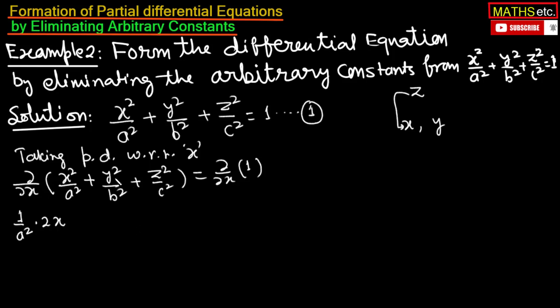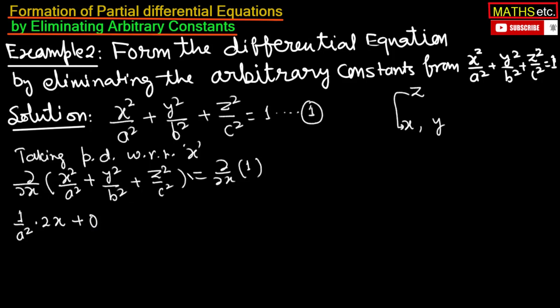Now the partial derivative of y square over b squared with respect to x: well, b is a constant. Again, when we take the partial derivative with respect to x, y will be treated as a constant. So b is already a constant, y will also be treated as a constant. So the partial derivative of y square over b squared with respect to x will be 0, right?